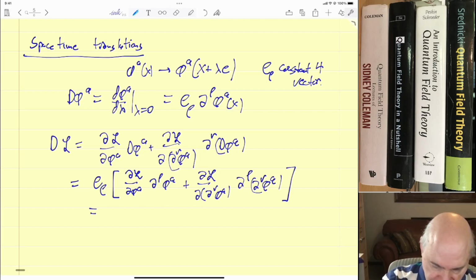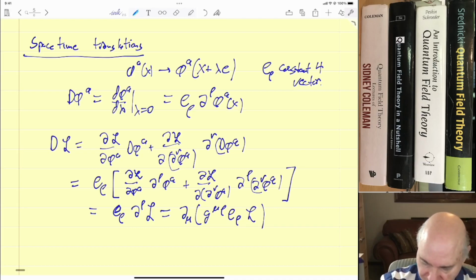And we can write this as just epsilon rho times the partial of rho of L, because again, this is the chain rule. And this can also be written as the partial of mu g mu rho epsilon rho L. And you can see that because this will make this an upstairs partial derivative with respect to rho.